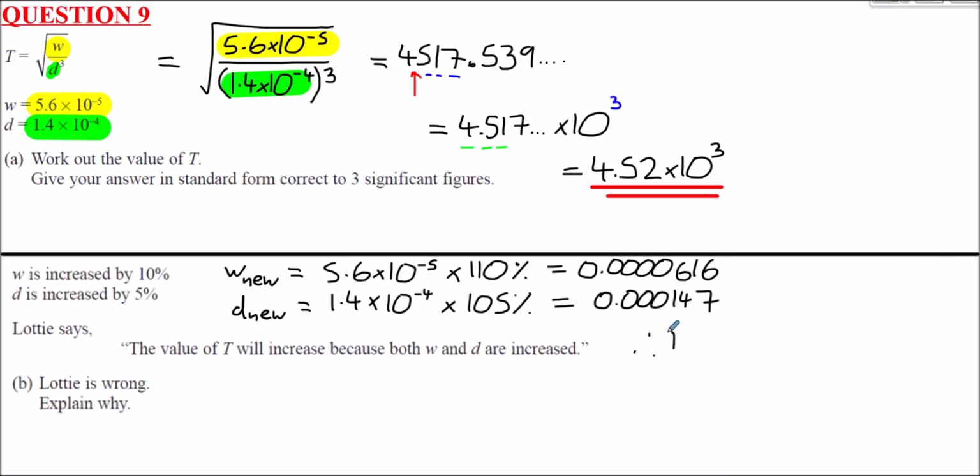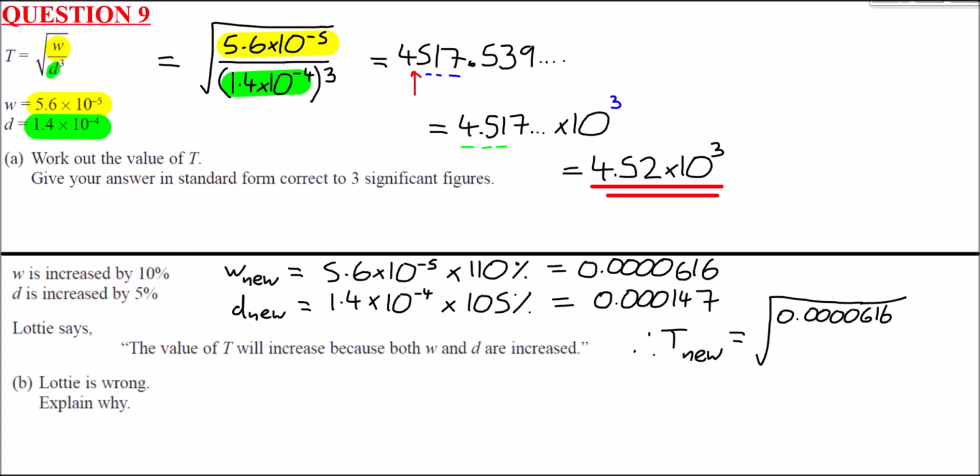So therefore, the new value of T is going to be the new value of W, which is 0.0000616, divided by the new value of D cubed. So we're going to divide by 0.000147, and do remember to cube it.